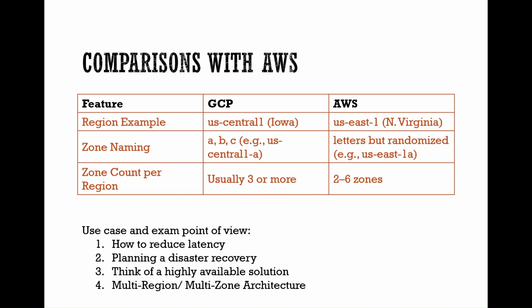If one zone is down, then two other zones are still available to serve your application. If there is a regional failure, then all your zones are down. If it's a multi-region architecture, then another region will pick up the request and serve the client. So this is how these architectures are designed to give you more availability and redundancy.